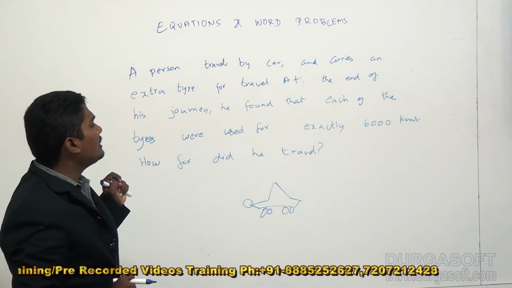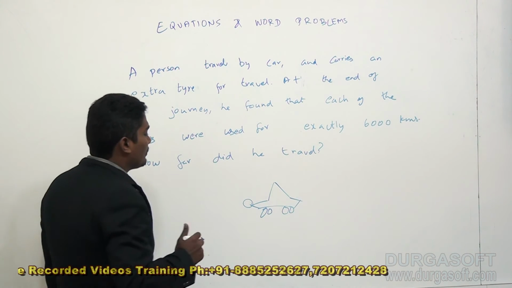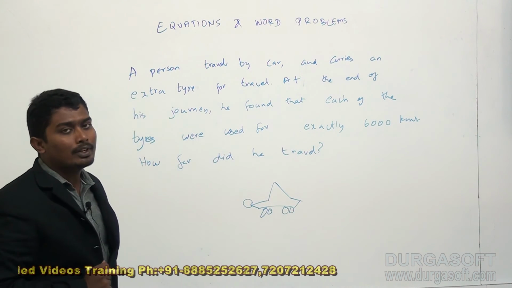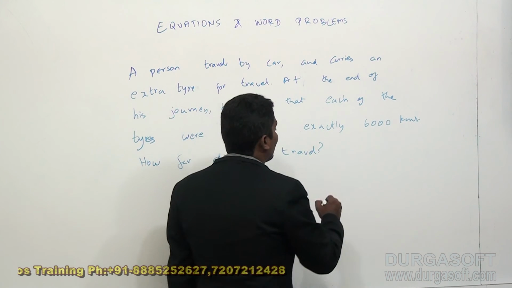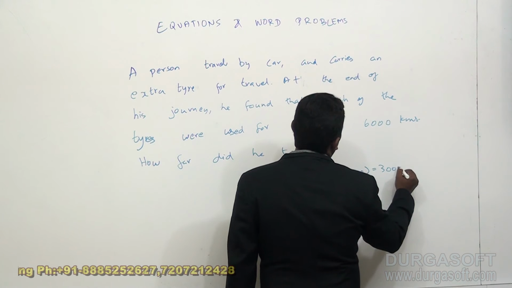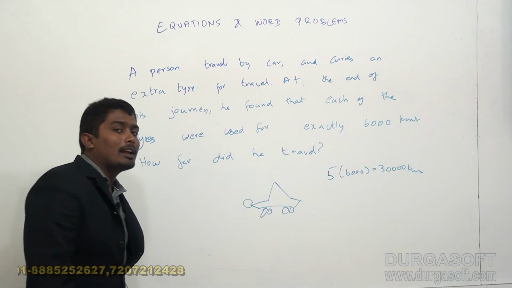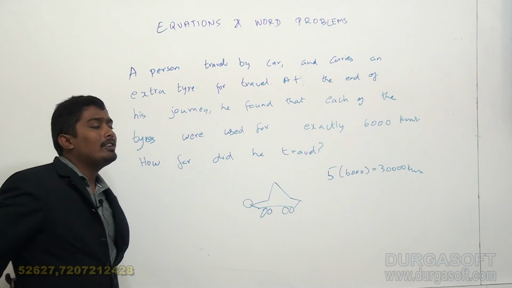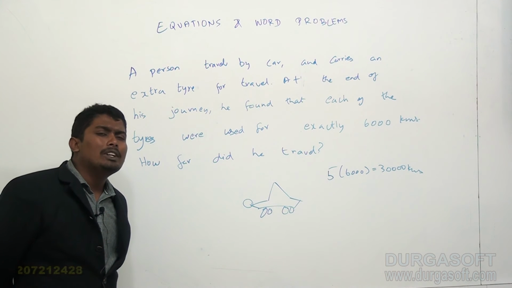And in his entire journey, he finds that every tire was used for exactly 6,000 kilometers. So every tire ran for 6,000 km, which means all the 5 tires together ran for 5 into 6,000, which is 30,000 kilometers. However, how long did he travel?